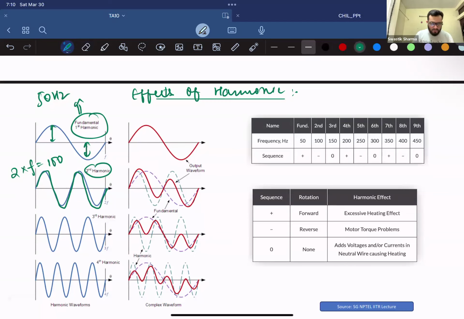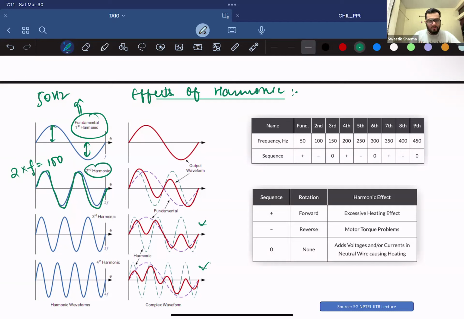What you get is this resulting waveform, which is not how it was supposed to look. Similarly, the third harmonic and fourth harmonic distort it in such a way that it's plagued with high frequency components. Now, these high frequency components cause the power quality of your waveform to be very bad. So they have certain effects on your system. Let's talk about that.